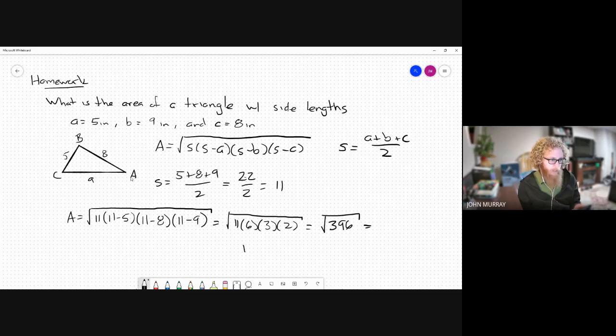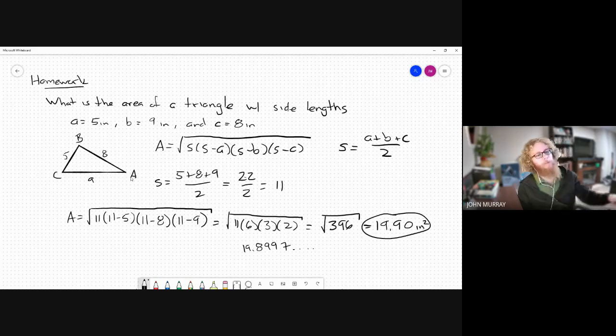So writing everything out, I get 19.8997 going on. So rounding to 2 decimal places will actually get us 19.90. And that would be inches squared. All right, so there is the area of our triangle.